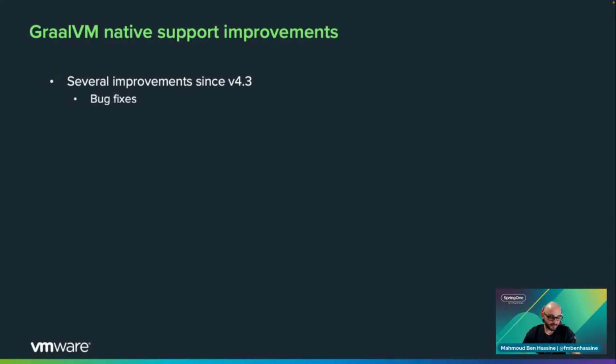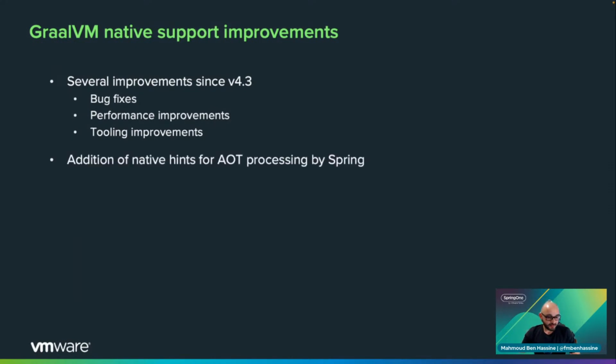And since then, we have done a lot of work, bug fixes, performance improvements, tooling improvements with the Boot team, framework team, and so on. But yeah, this is an effort across the portfolio. All projects were involved, and Spring Batch is no different. So we also added the native hints for AOT processing by Spring.